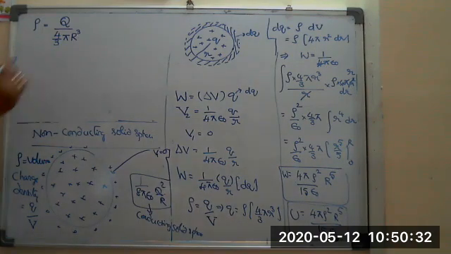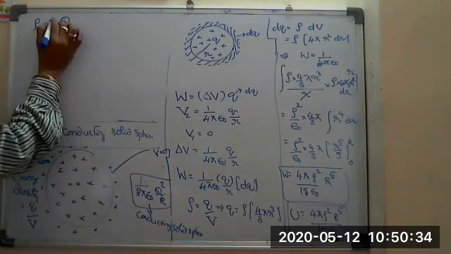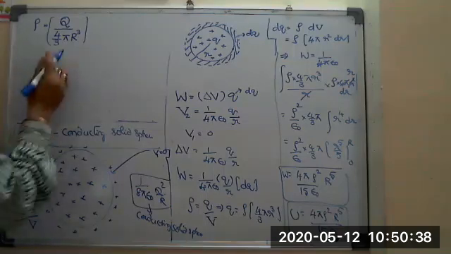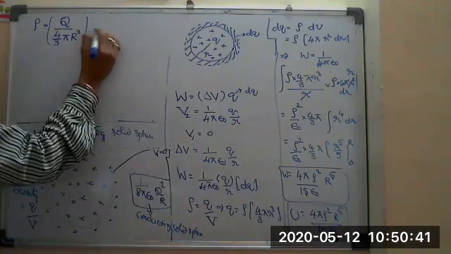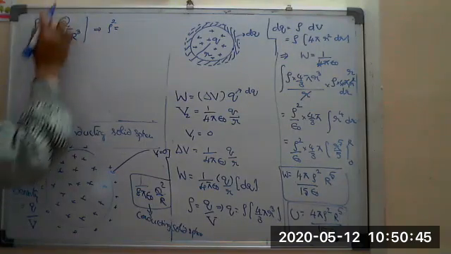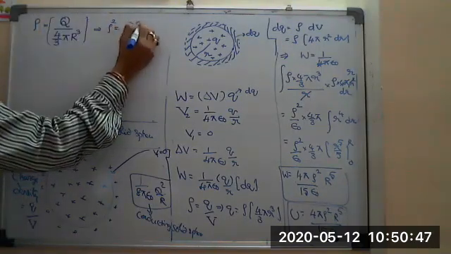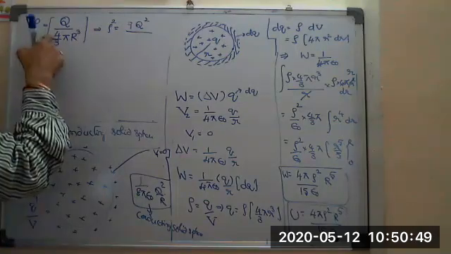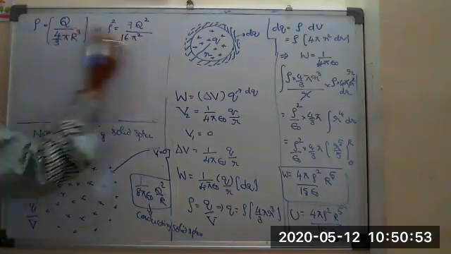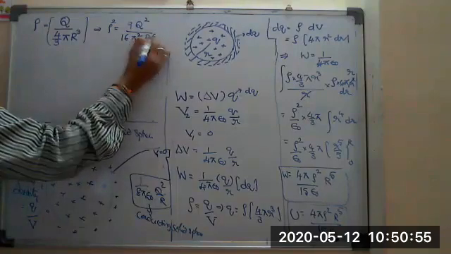So if you see here, rho is equal to, in terms of the final charge and radius. Then I can substitute rho square equals, by taking 3 to the numerator, 3 square means 9 q square by 4 square means 16 pi square into r cube square means r power 6.